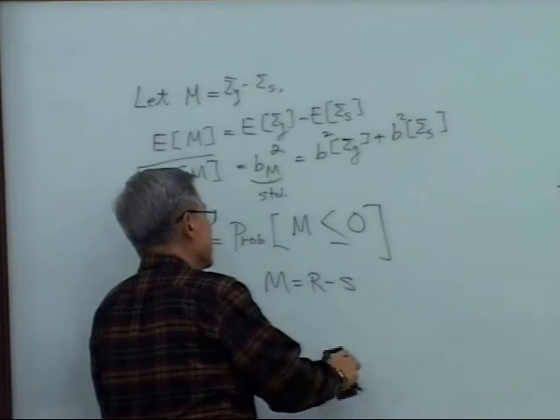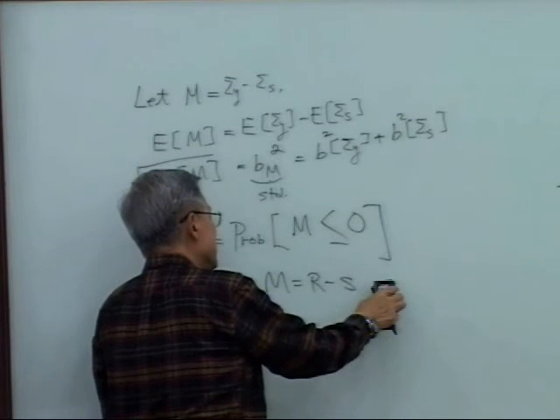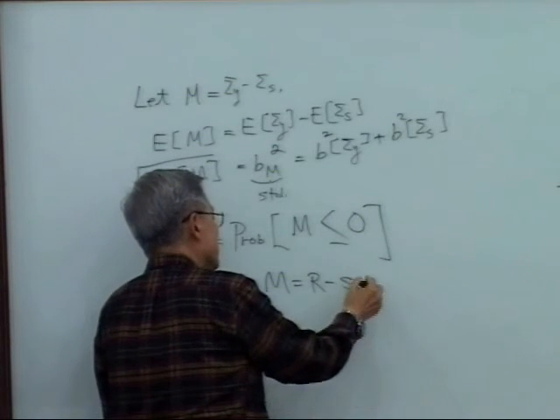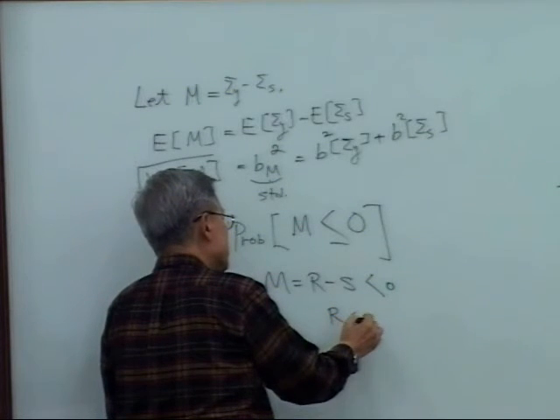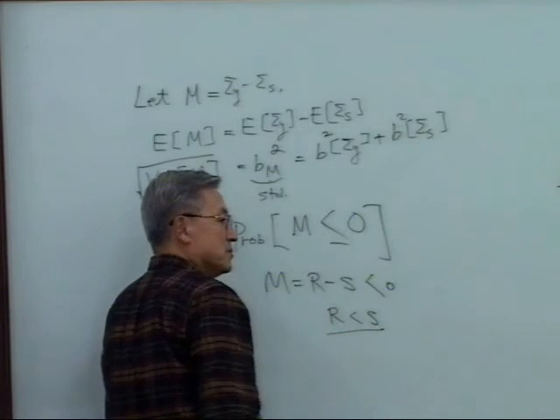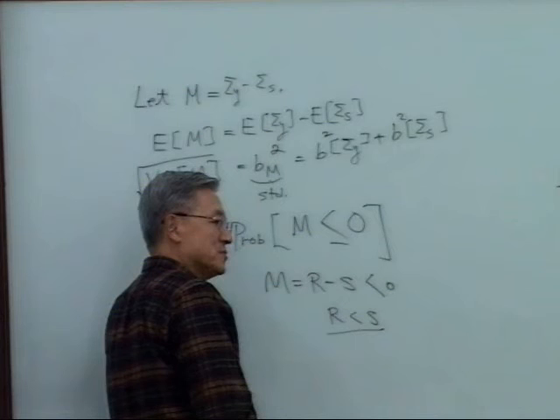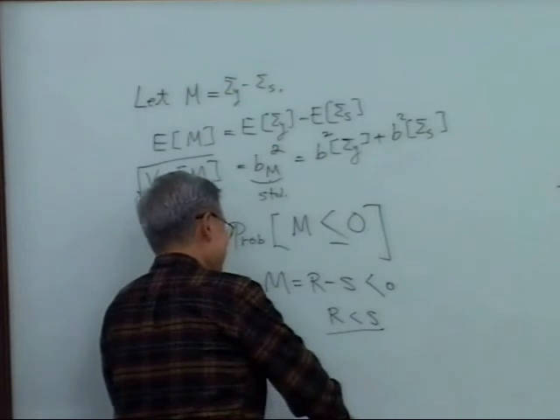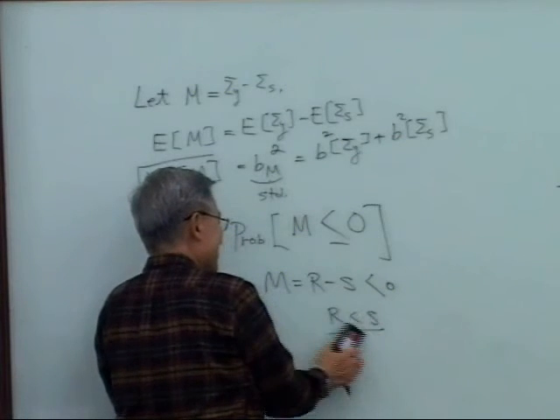This is the probability of failure. If this is less than or equal to 0, then R is less than S, which is the probability of failure. And what does it say? Jungon was wrong this time. You directed me wrong.